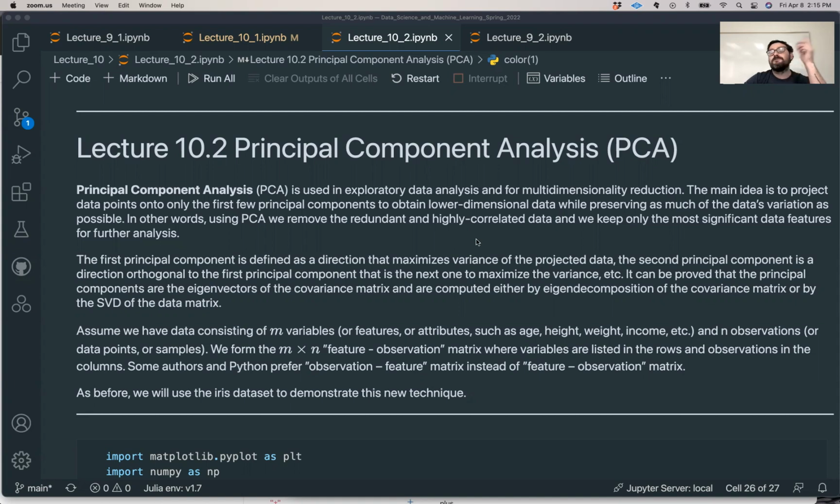So the singular value decomposition you might not know of, but it's very important in applied linear algebra. But if you know about the eigenvalue decomposition, then the singular value decomposition of a matrix is equivalent to the eigenvalue decomposition of A times A transpose. So they're related.